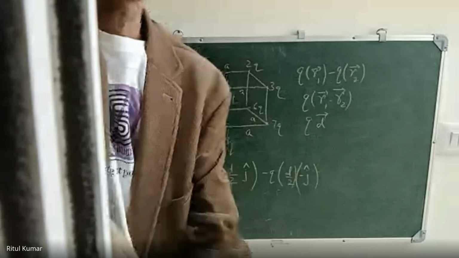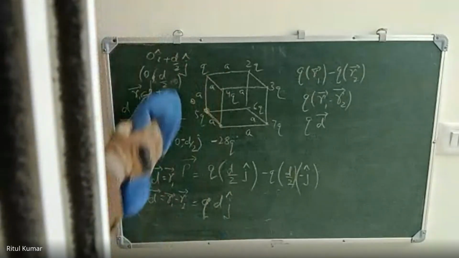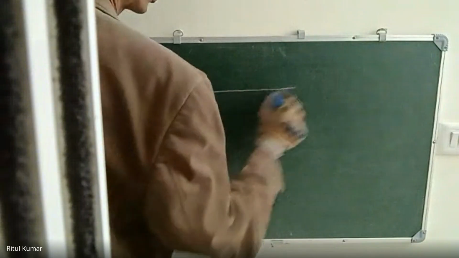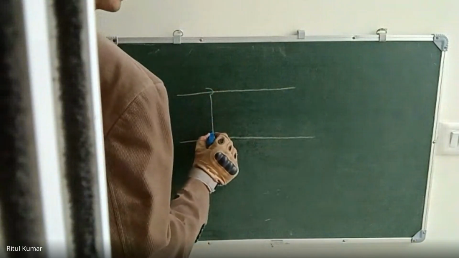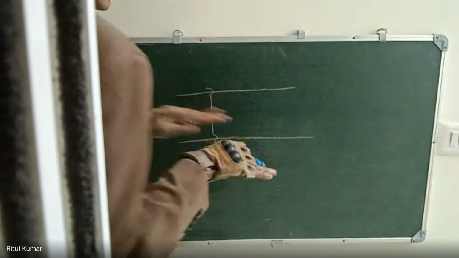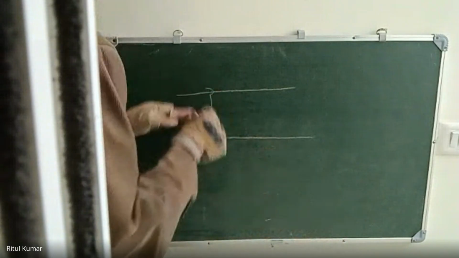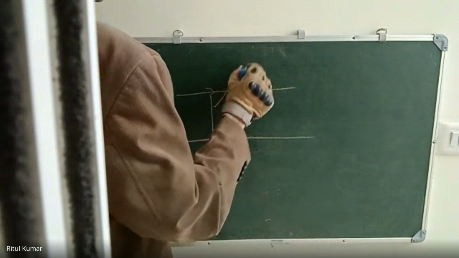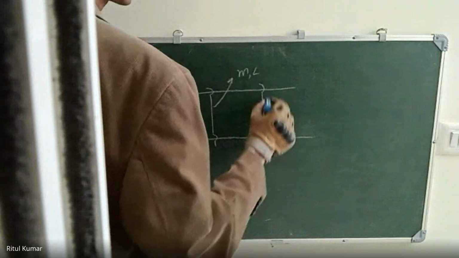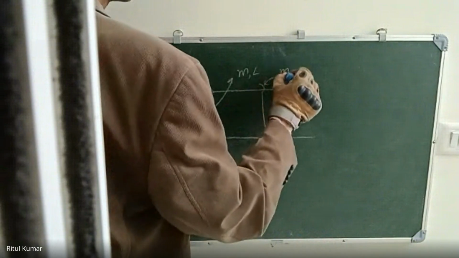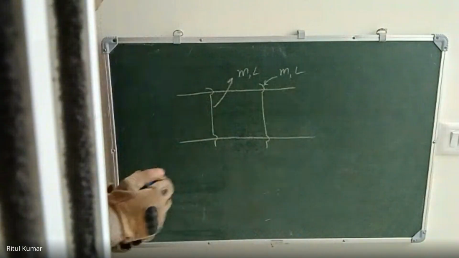I'll leave you with a question. I go back to EMI. Let's do two sliders. I'm going to do this first, this horizontal element. This is the first slider, mass M, length L. Second slider, mass M, length L. Okay?